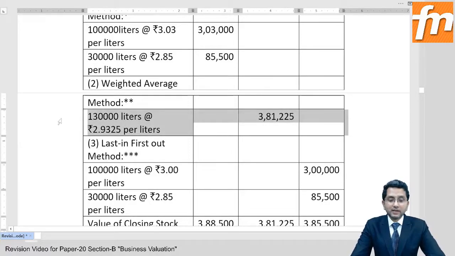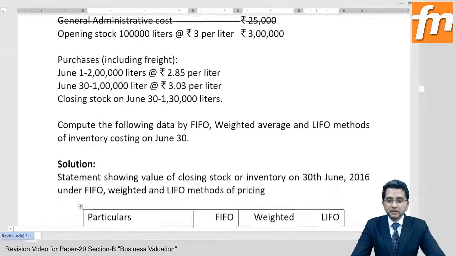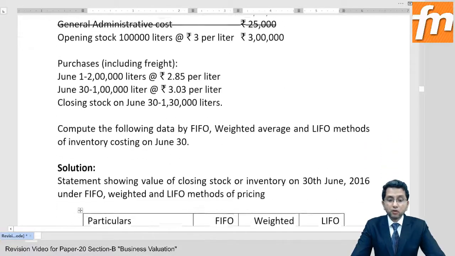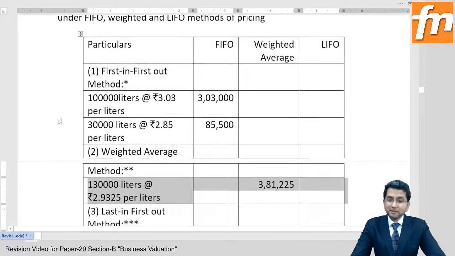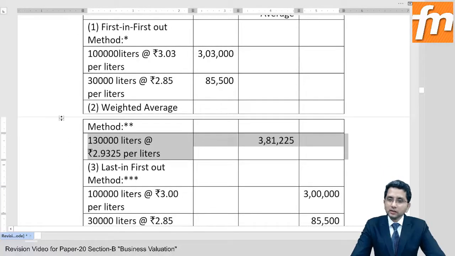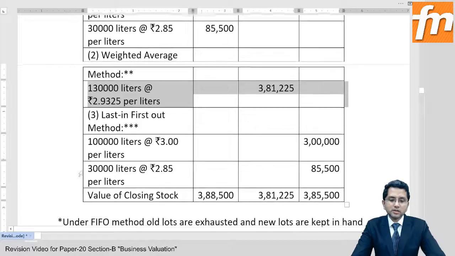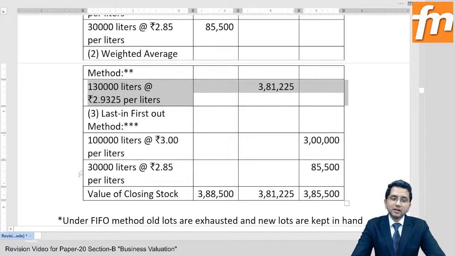These questions I have taken from your own study material, like this is illustration number 4 from your study material. But I have corrected the question as per the requirement. Sometimes there were errors in the question or in the solution, so I corrected those errors in the solution. And sometimes I have extended the question with my own numbers so that I can explain the concept to you in a better manner. This is the weighted average method.